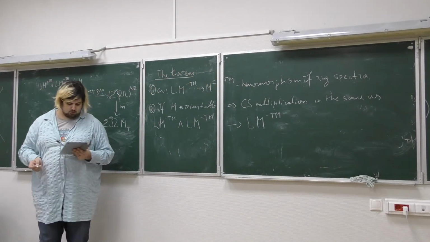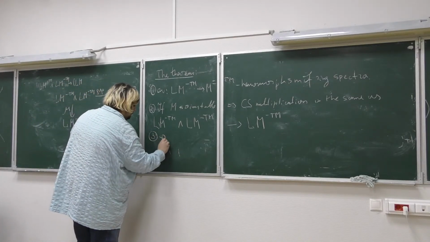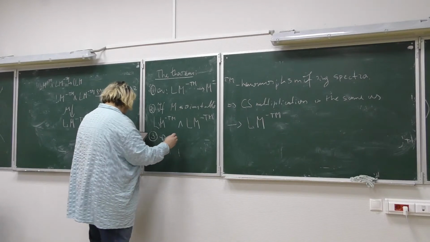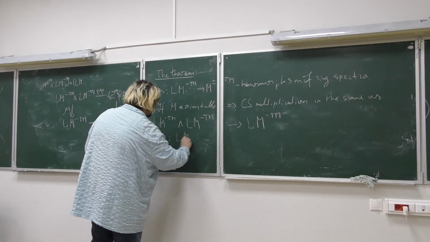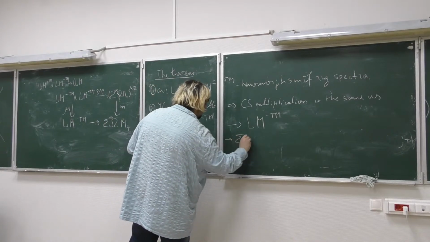And finally, we have a homomorphism of ring spectra, rho, minus Tm to the suspension spectra of loops.